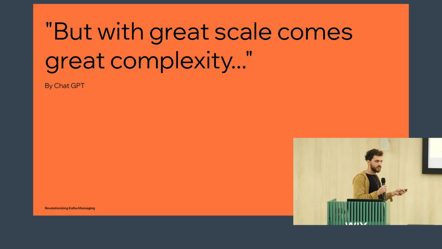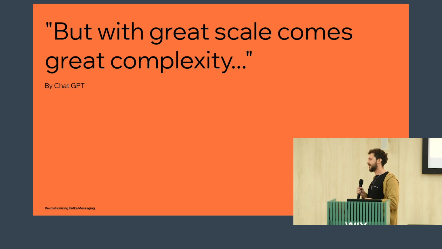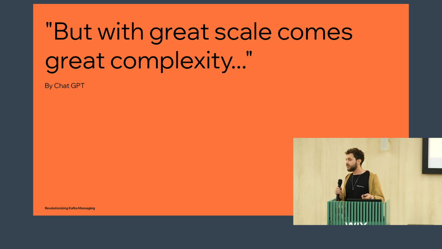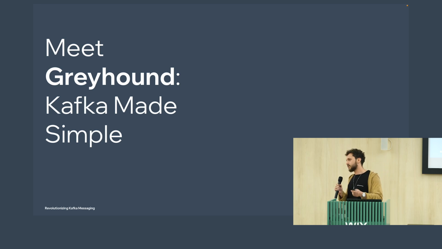And again, with all that in mind, we have tried to develop the right tools for our developers in order to have a good time with messaging at scale in Wix. So we've built Greyhound. Greyhound is a client library that every backend developer at Wix knows. This is what everyone uses in order to integrate with Kafka.